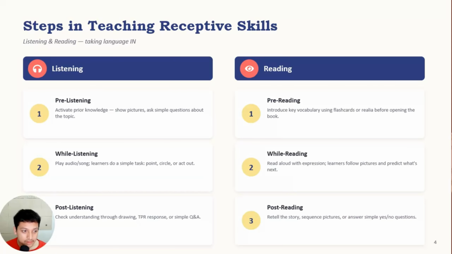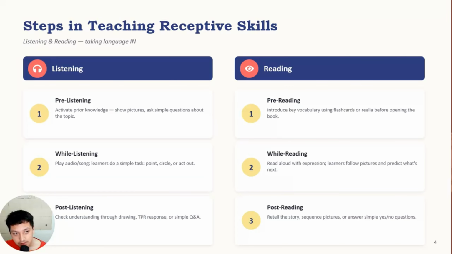Okay, this is receptive skills. Receptive skills are listening and reading. Now, listening has 3 steps: pre-listening, while listening, post-listening.